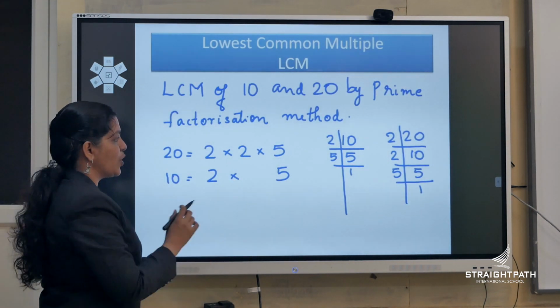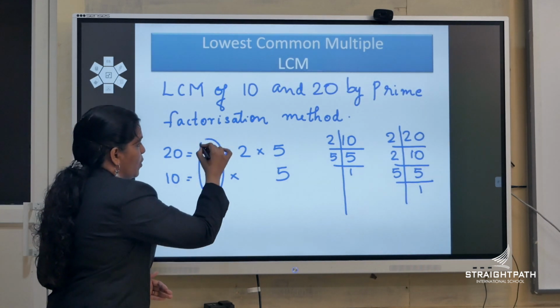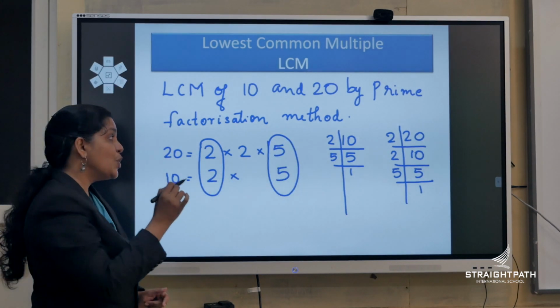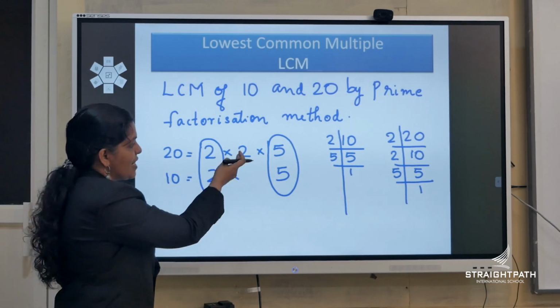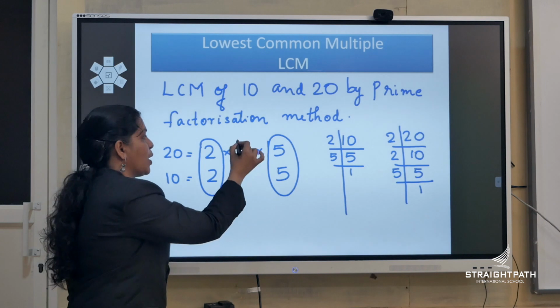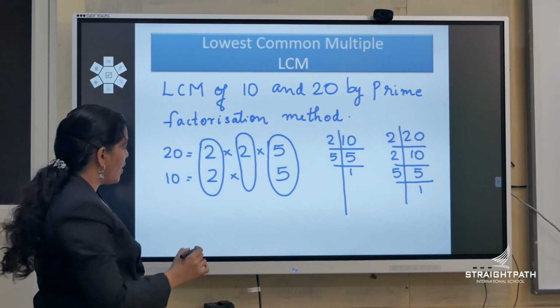Done? Now, in the case of HCF, we had selected only the common ones, right? But in the case of LCM, you have to choose the extra number also, which doesn't have a common factor. Here, 2 doesn't have a common one, but no problem, you have to choose this also when you find the LCM. So, how will you write?